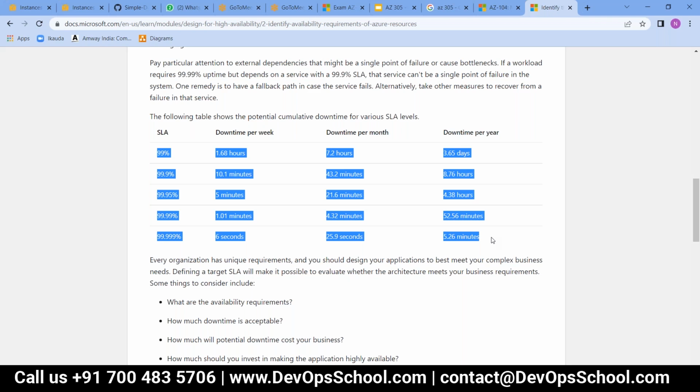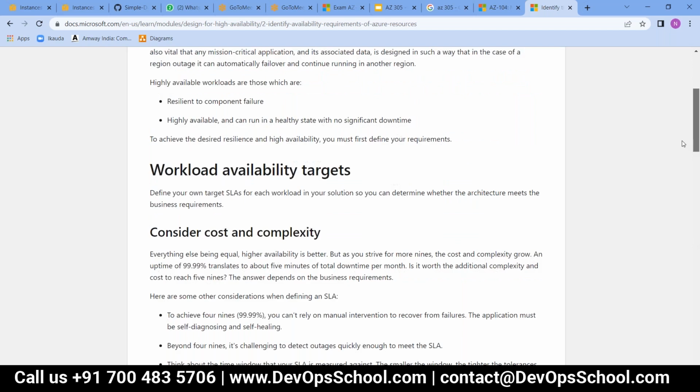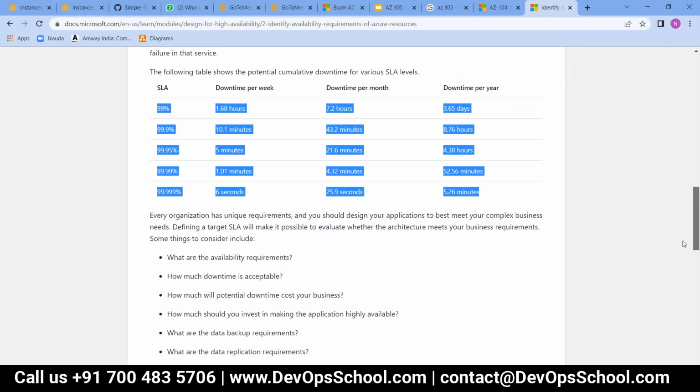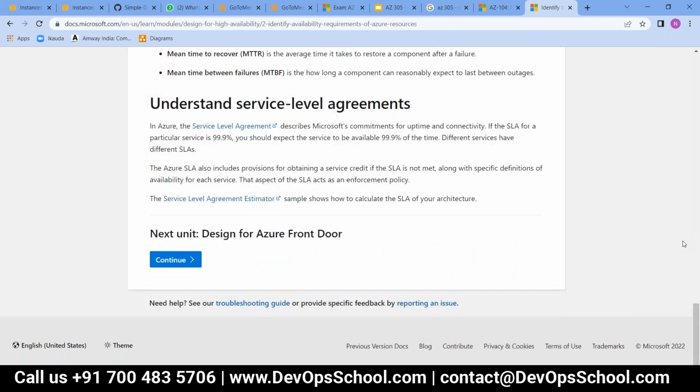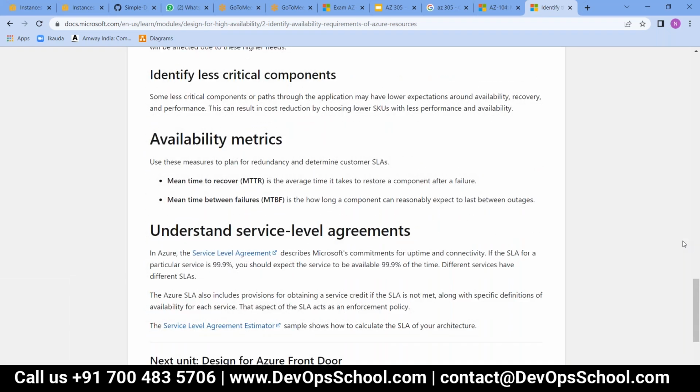But overall, in this particular section, what is important is that there is a concept called SLA, and it depends upon the number of nines. For each extra 9 after 2 nines, you need to pay extra, because Microsoft is going to do something additional for you. The second concept is MTTR and MTBF.